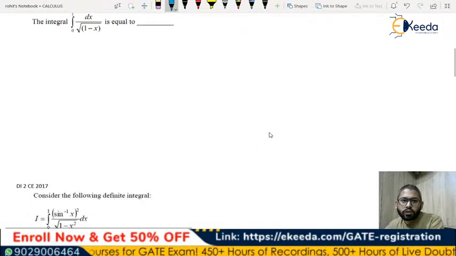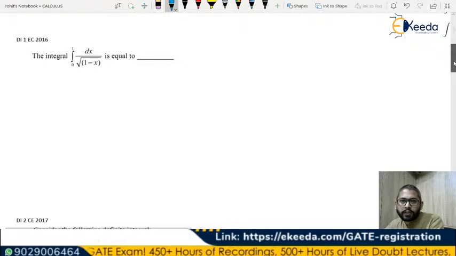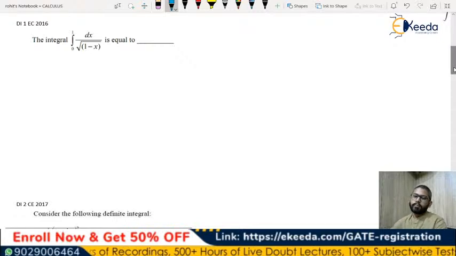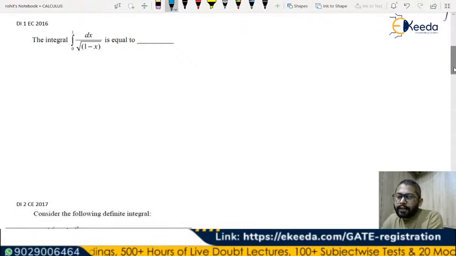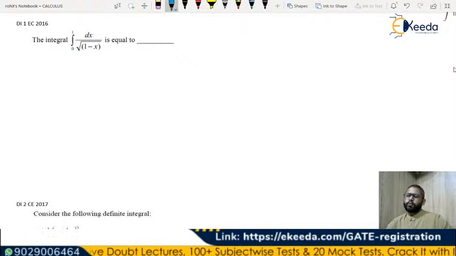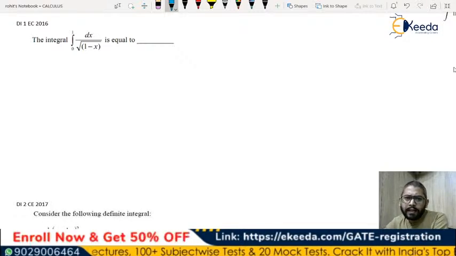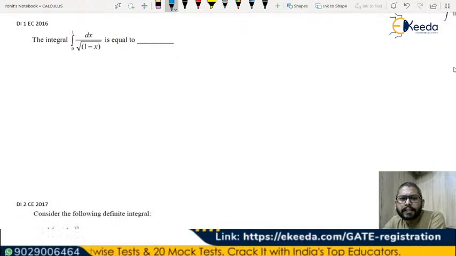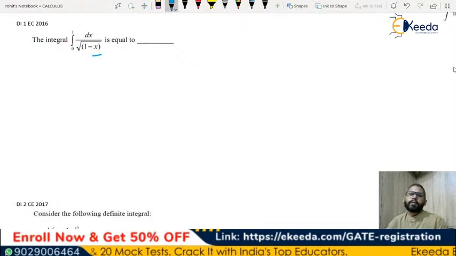This is also substitution method only. Same, but it is definite integration, right? So let's see, we can do it whichever way we want to solve it. But let's say we have to integrate dx divided by under root of 1 minus x.